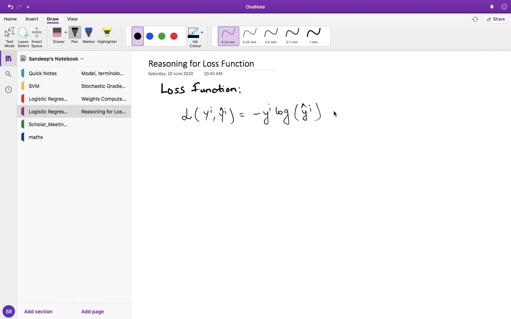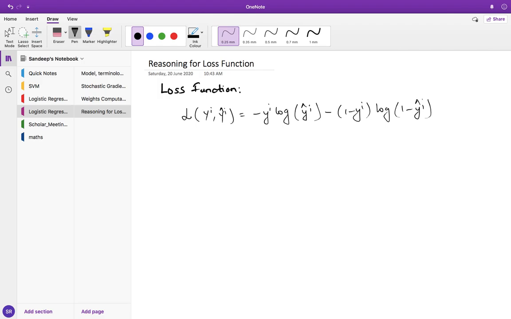So wherever there is a cap, it's a computed one. Yi is the original class value, and plus 1 minus yi log of 1 minus yi cap. So all these logarithms are natural logarithms, that is to the base e. So this is the loss function, and we aim to reason out why we are using this particular loss function.